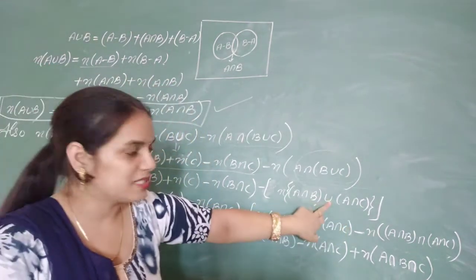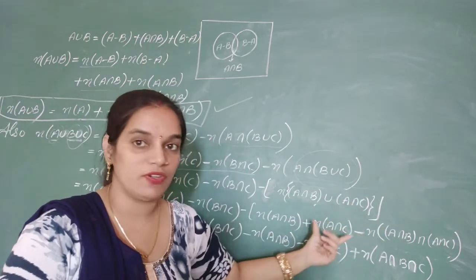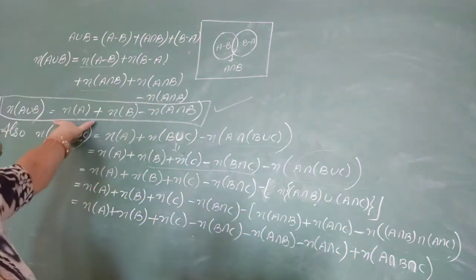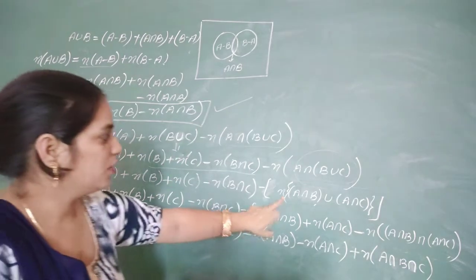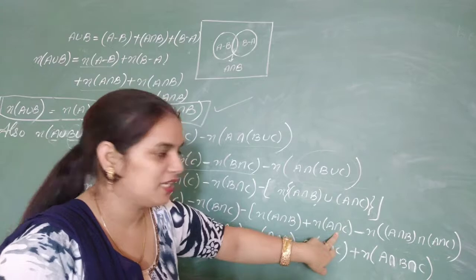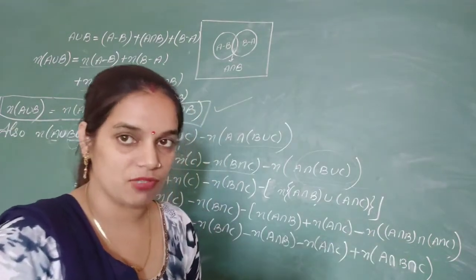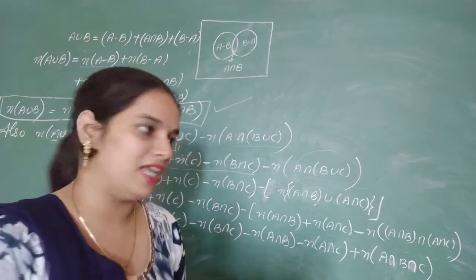Now there is a sign of union between two sets. If there is a sign of union between two sets, again we will use the same property. The number of elements in A intersection B plus the number of elements in A intersection C minus the number of elements in their intersection, मतलब उन दोनों के intersection के number of elements.